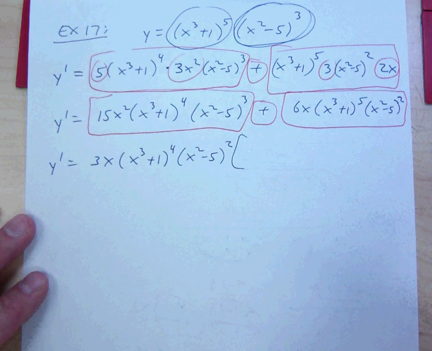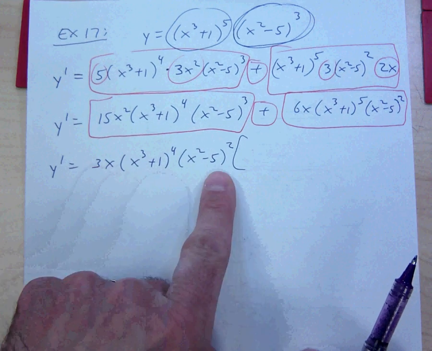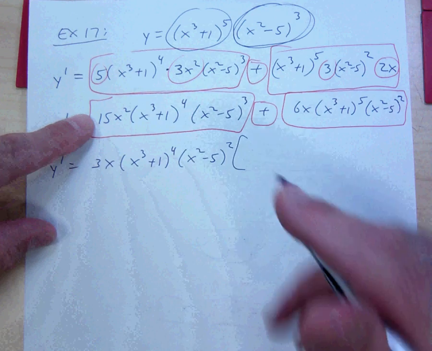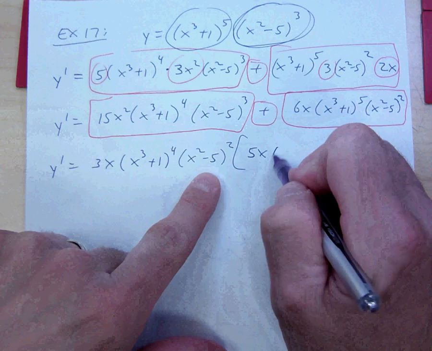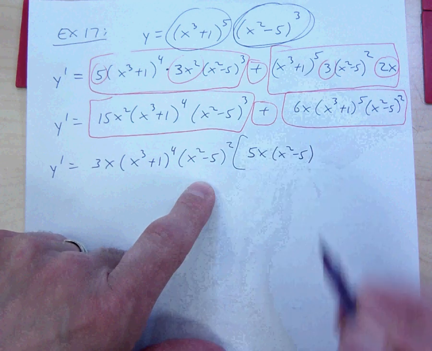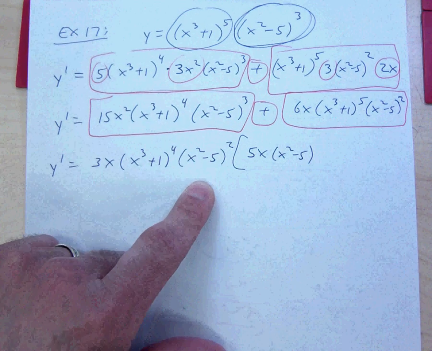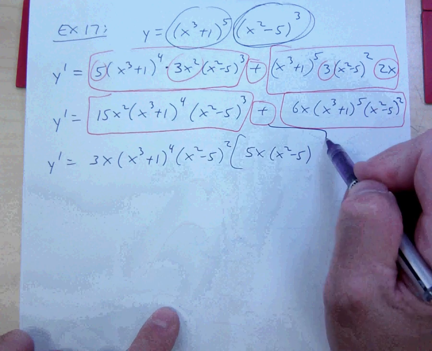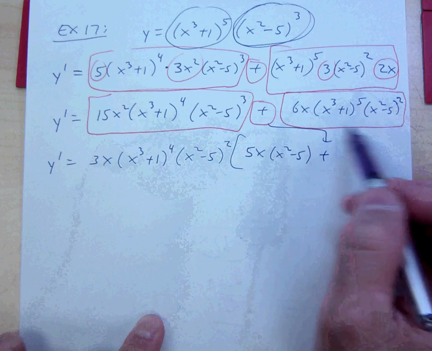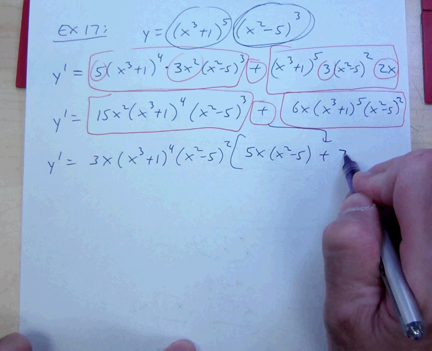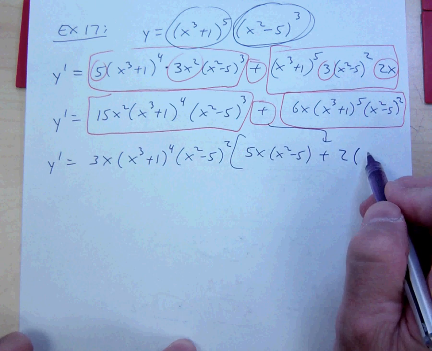Ready? Okay, so if I pull all of that out of here, I think you'll agree I'm left with a 5x and an x squared minus 5, right? But do you agree with that? And then bring down your plus. And then if I pull all of this out of here, I think you'll agree I'm left with a 2 and an x cubed plus 1.